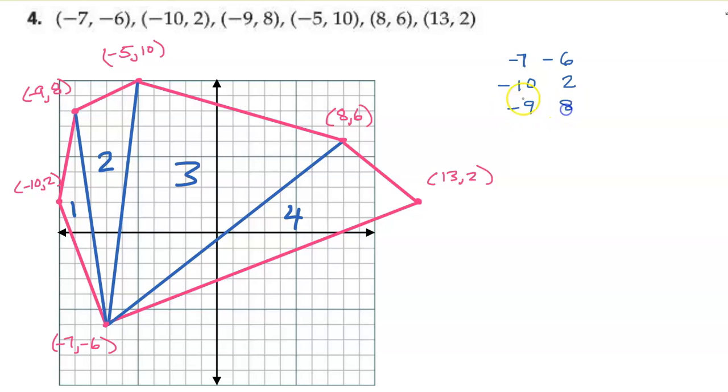All right, so these are the 3 vertices of the first triangle. Now I need to turn this into a square matrix, a 3 by 3 matrix, by adding a third column, all ones. Okay, so this is going to be my first matrix, and so I'll just call it matrix number 1.